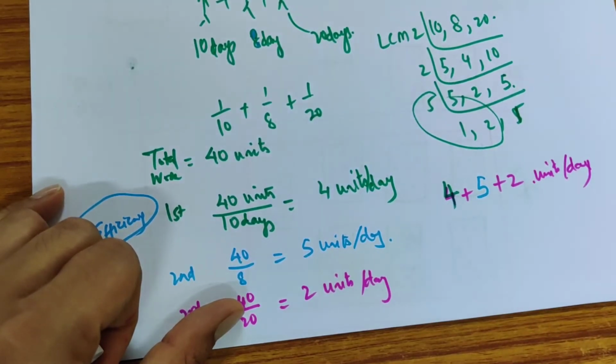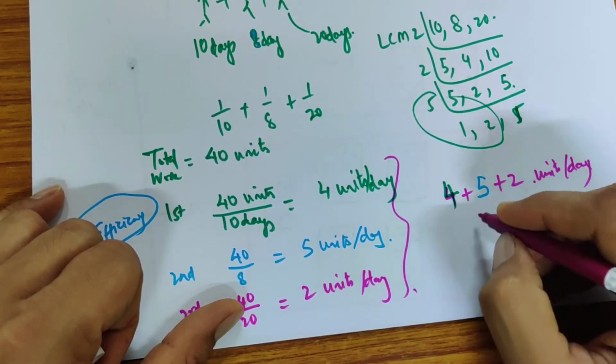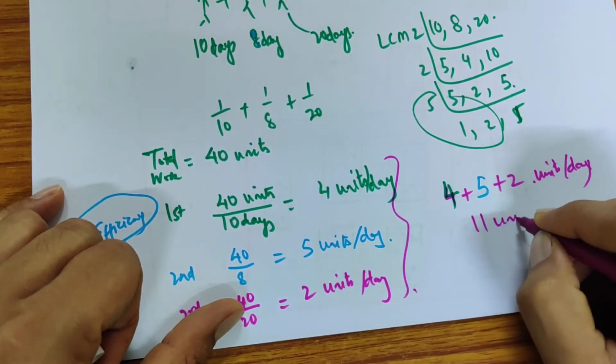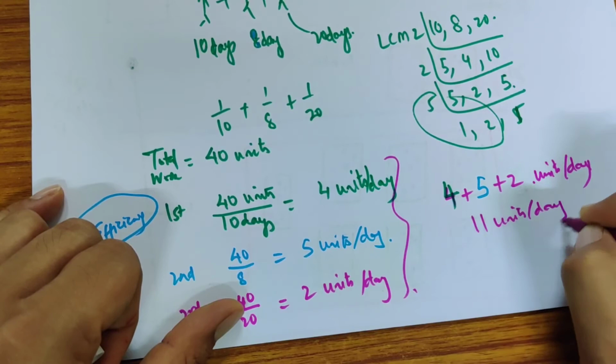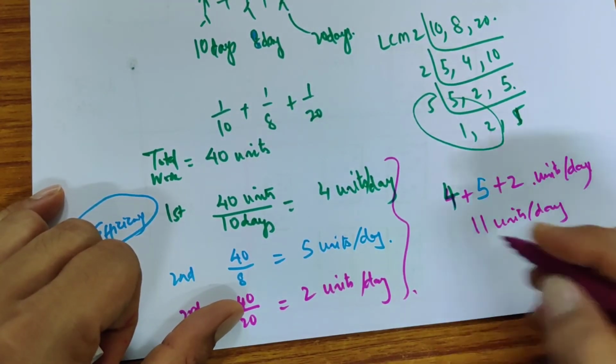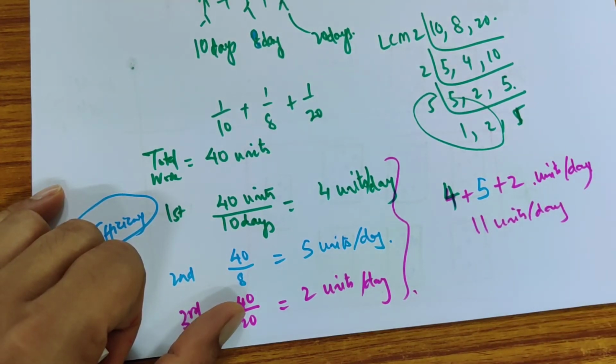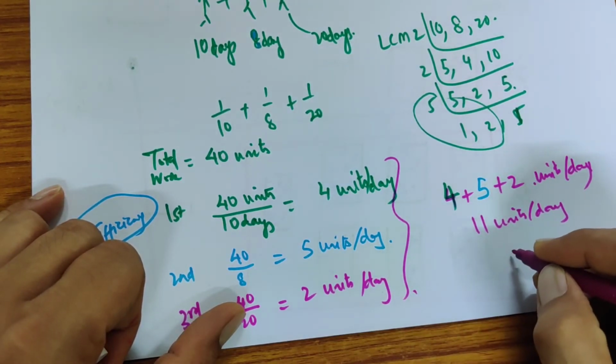That's together their efficiency, and so that is 9 plus 2, 11. So 11 units per day they get done together. Then you just ask, what is the total work? Total work divided by the combined efficiency is the number of days they take.